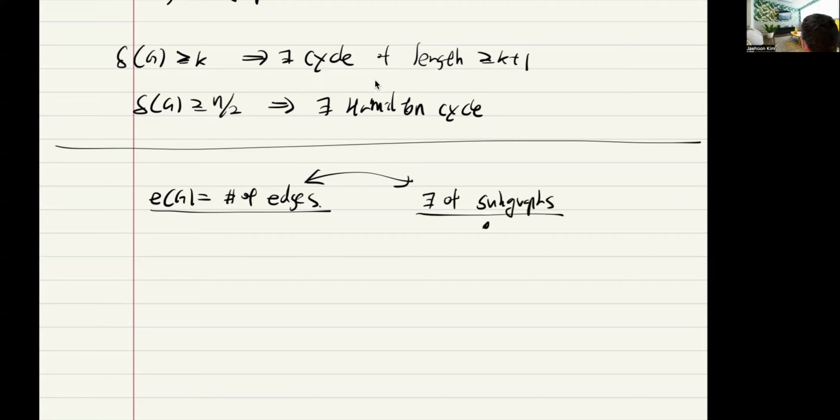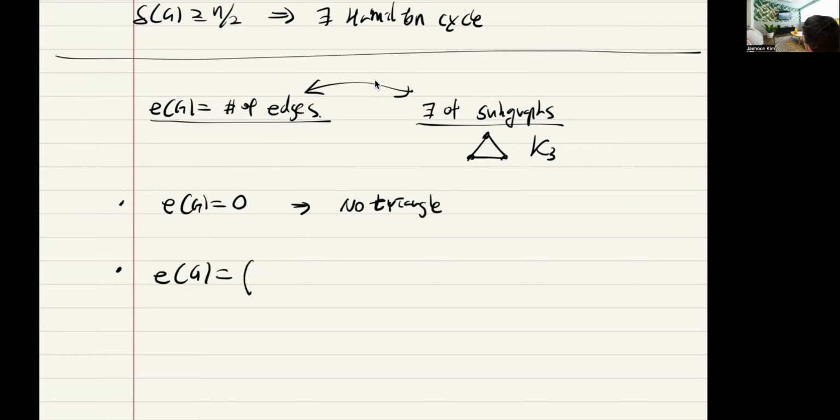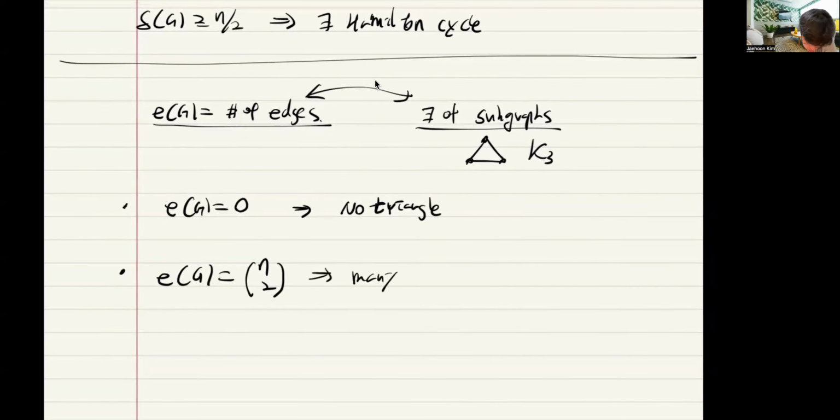So let's say you take a simple case of triangle. And what do you know? If we have number of edges 0, then surely there is no triangle. This is an empty graph. And if your n vertex graph has as many edges as possible, then if n is bigger than 3, there are many triangles.